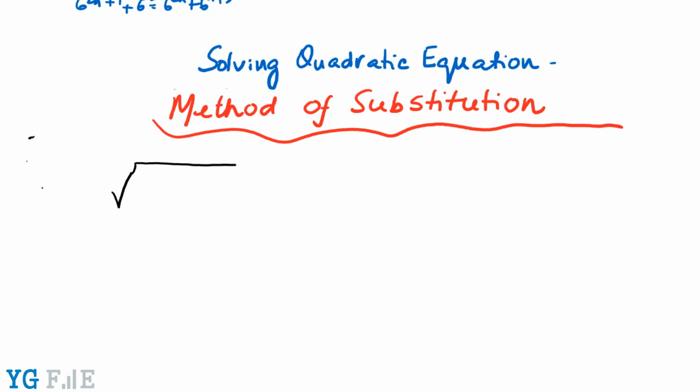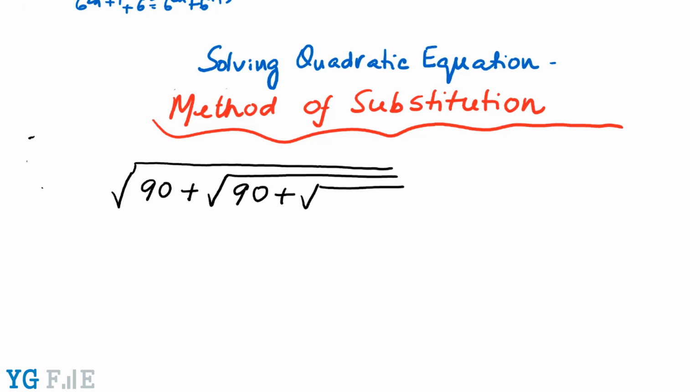That means we take the square root of 90 plus another square root of 90 plus another square root of 90, and this goes on and on, this never ends. That means, can we find the value of this expression, square root of 90 plus square root of 90 plus like that, and it goes till infinity. That means it never ends. So how do we find this one?